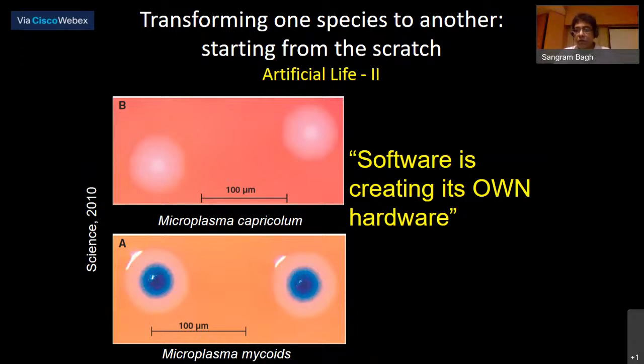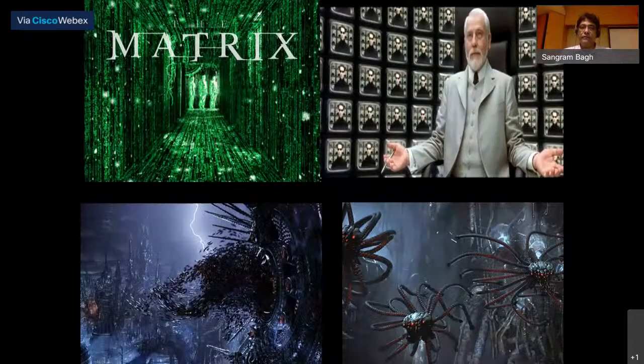So when the first species is changing to the second species, it is actually creating its own hardware, that is its own cell, so that it will work. So the significance is that the software is creating its own hardware. If you want to get a feel for what that means in a machine world, it looks something like that.